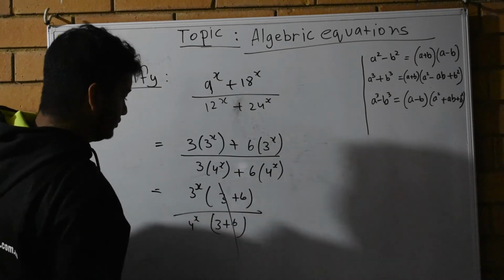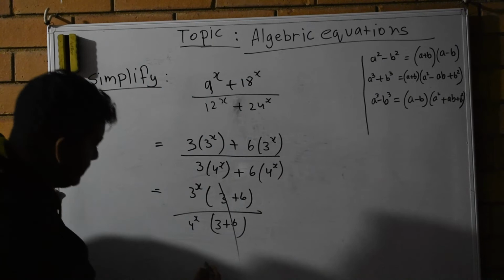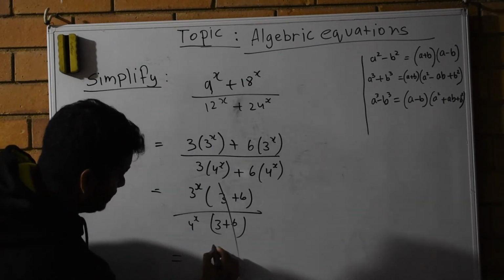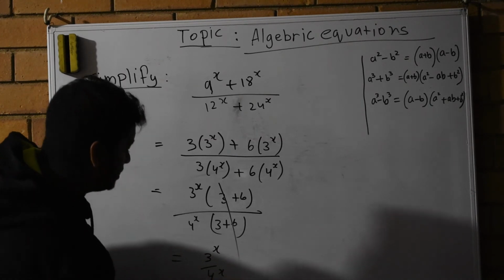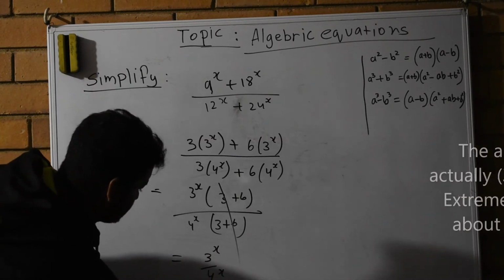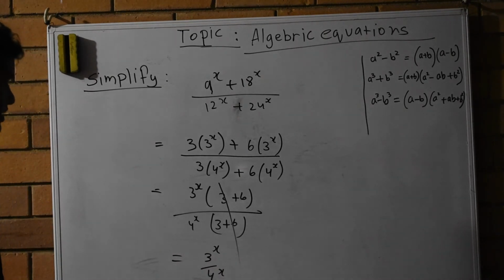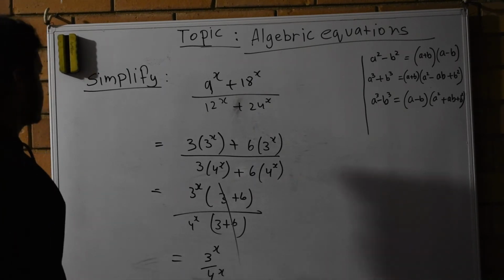These two are cancelled. We're just left with 3 over 3 to the power of x times 4 to the power of x. You can also write this as 3 over 4 to the power of x. Further simplification is optional. I reckon that's 4 marks.